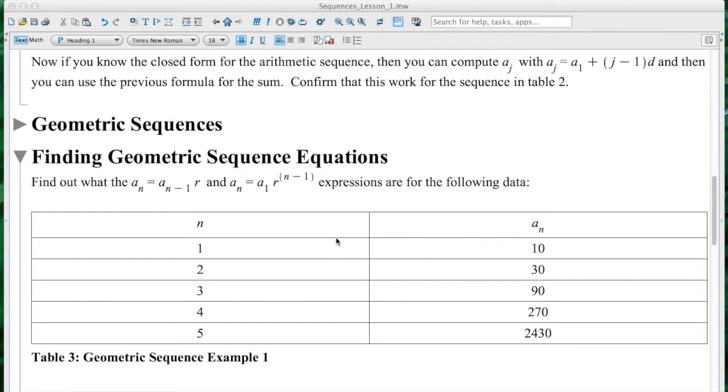I want you to study this data and find out what this recursive and the closed form equation will be. So you'll have to find R, that's in both of them, and you'll have to know what A1 is for the closed form equation. So I'll pause the projection, give you a minute to do that.